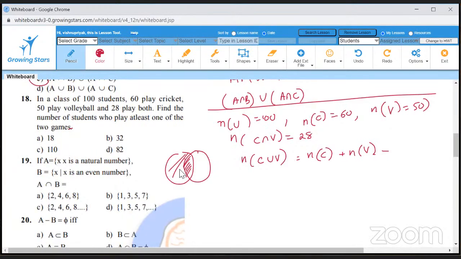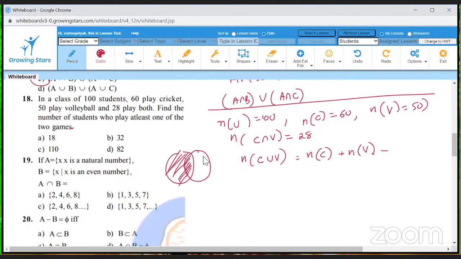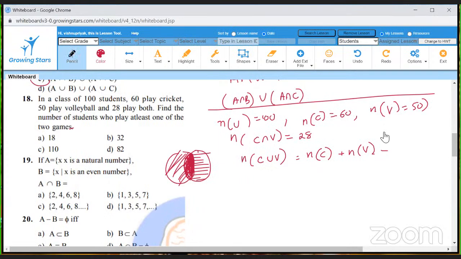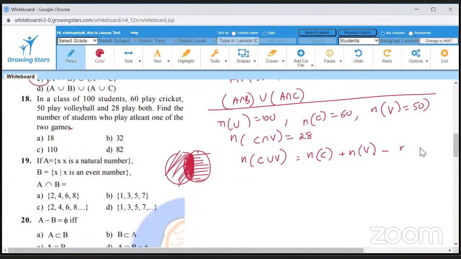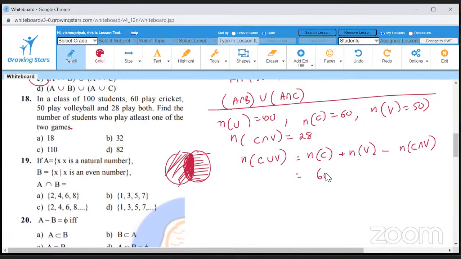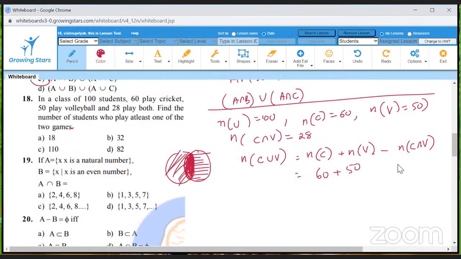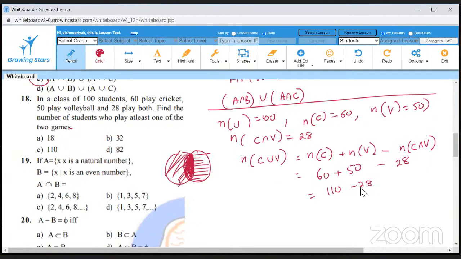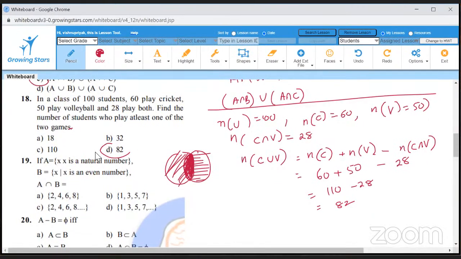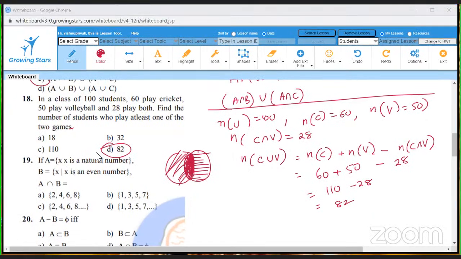One with the cricket circle, the other with the volleyball circle. Why 2 times? So subtract 1 time. Intersection you subtract 1 time. So 60 plus 50 minus 28. 110 minus 28, 82. So D is the correct answer.